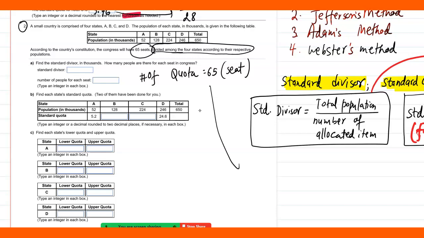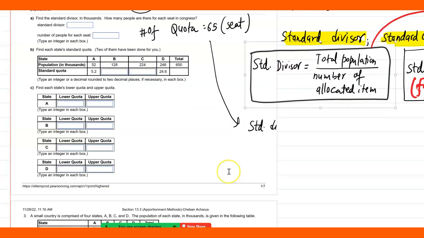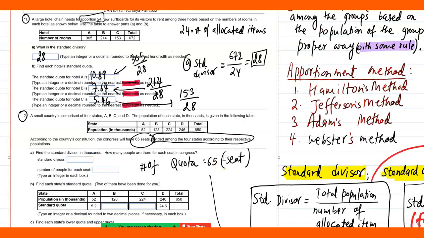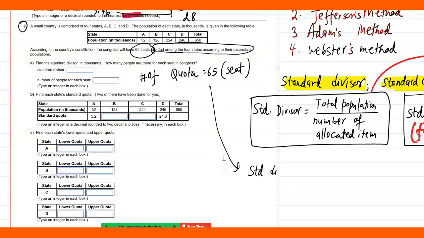For this one, let me do it here. Standard divisor equals the total population, 650, divided by the number of quota, 65, which is going to be 10.